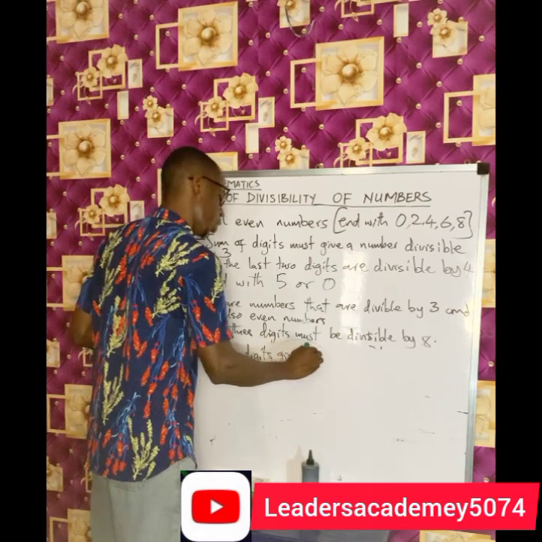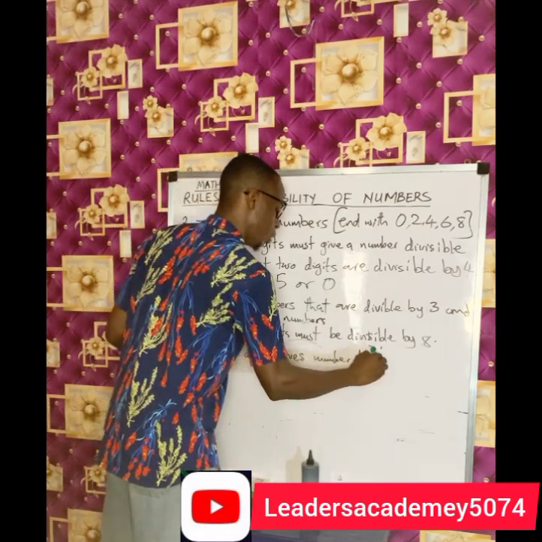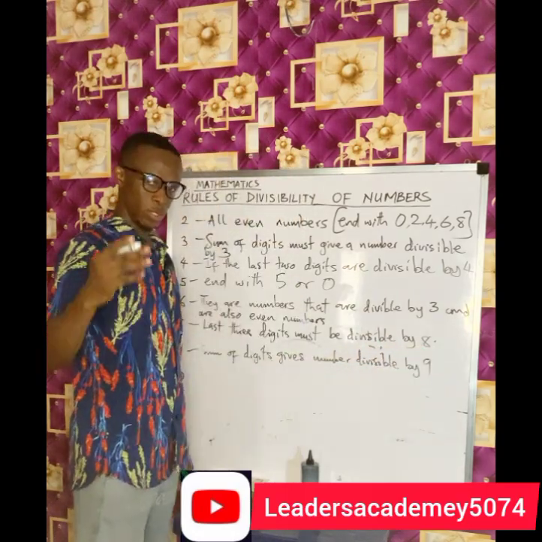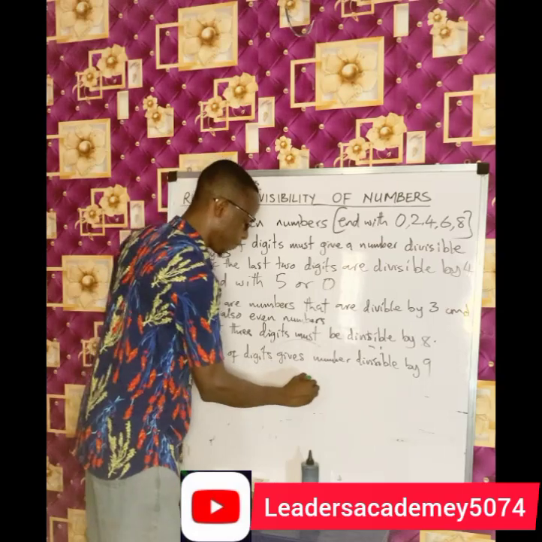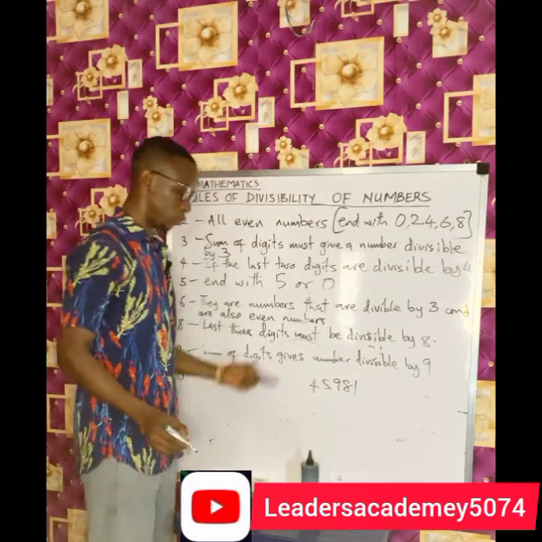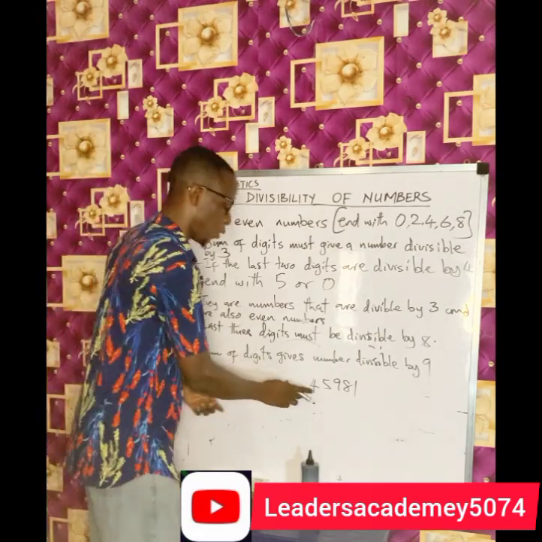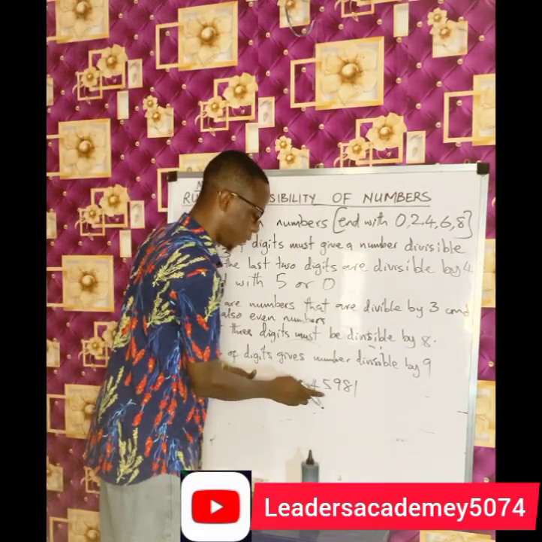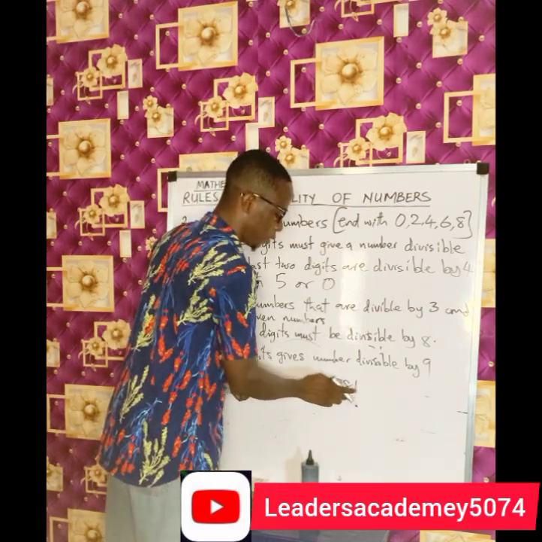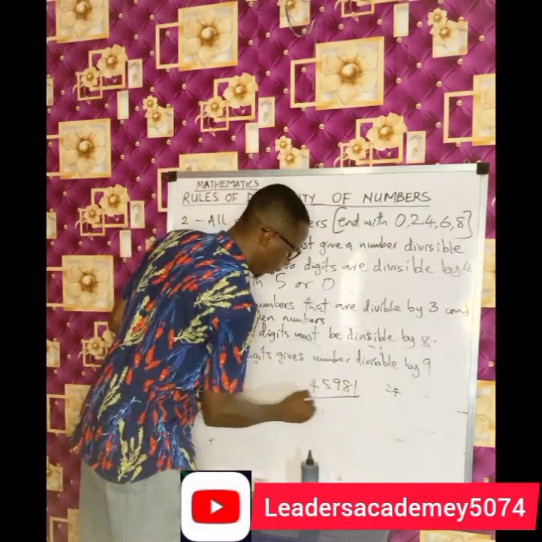So we have 4, 5, 9, 8, 1. Look at this number. It's divisible by 9. Why? Let's check it. 4 plus 5 gives you 9. Plus 9, 18. Plus the last digits will give you 27. Therefore, it's divisible by 9.